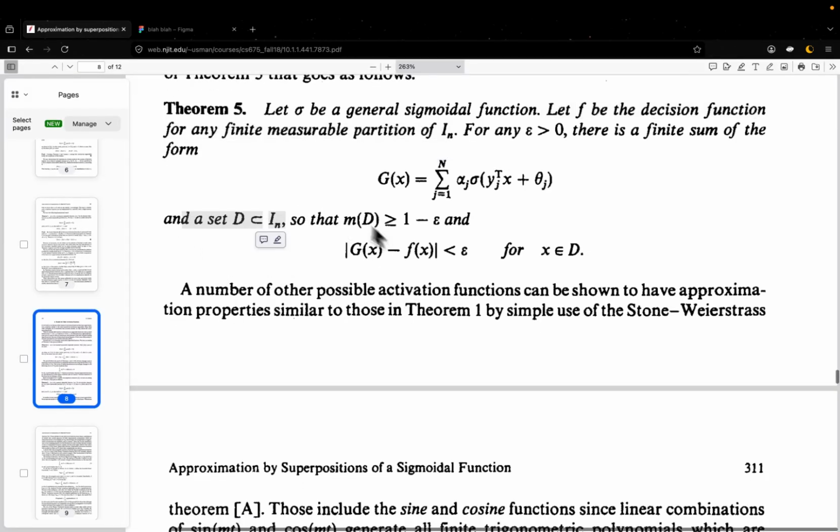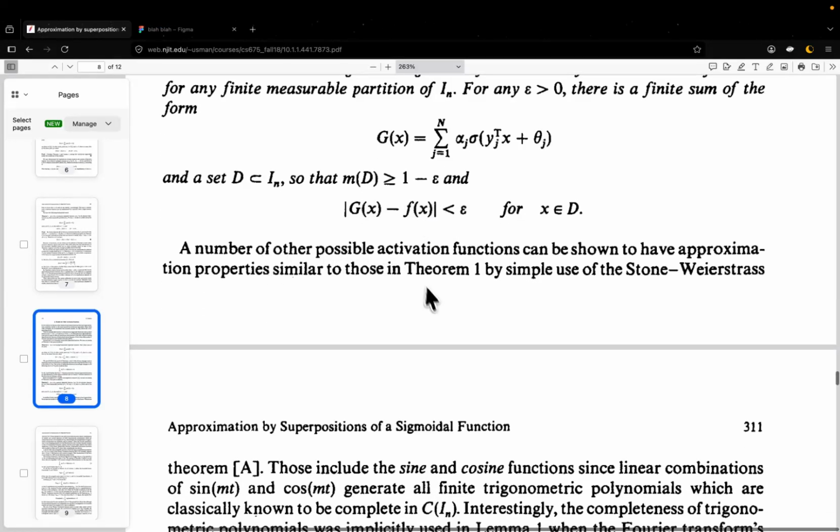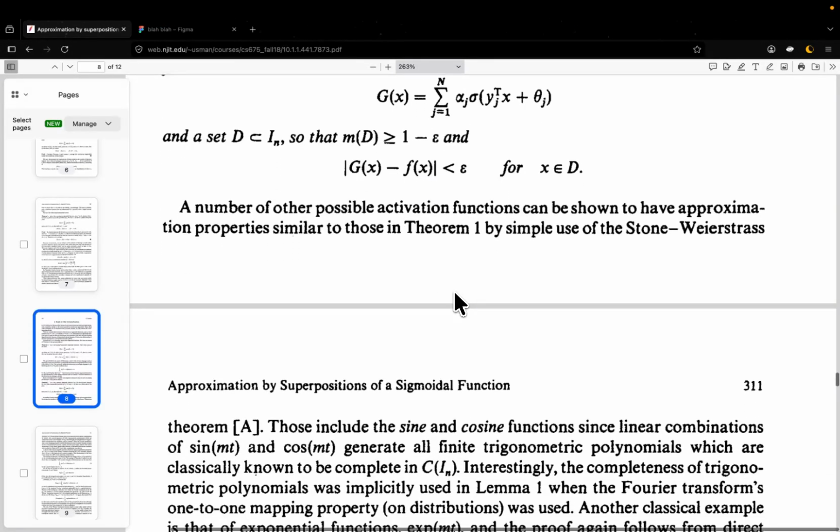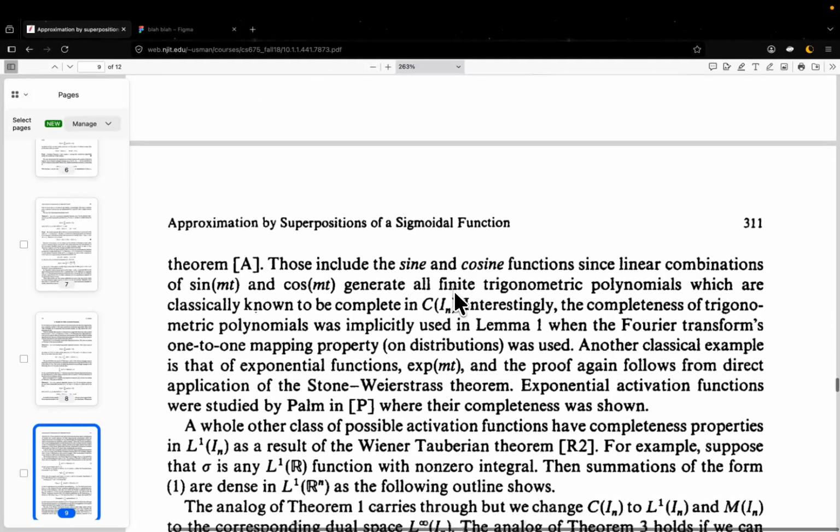Again, we're stating that a number of other possible activation functions can be shown to have approximation properties similar to theorem 1. Those include sine and cosine functions, and linear combinations. So that's just talking about, as I remember, the, hell, I forgot his name.